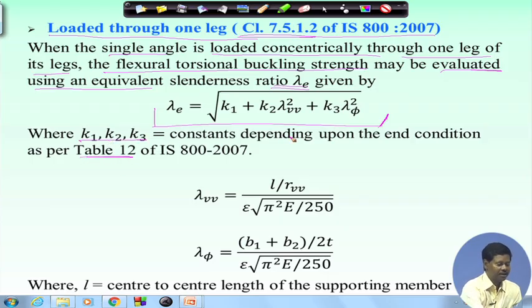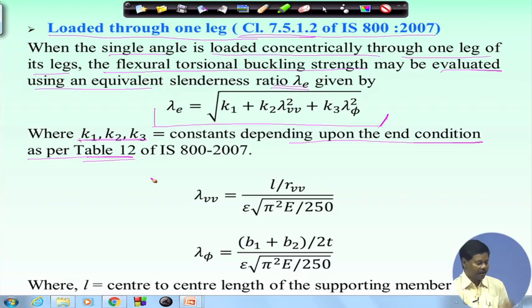These are constants depending upon the end condition. Depending upon the end condition, whether it is fixed or hinged, whether it is 1 bolt, 2 bolt, welded, the values of k1, k2, k3 are defined in Table 12, which I will come to in the next slide.